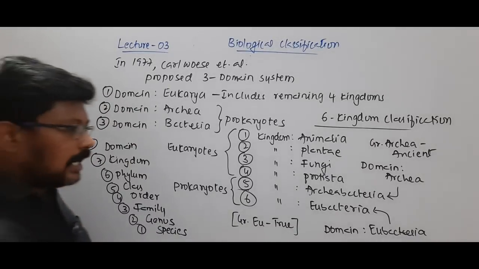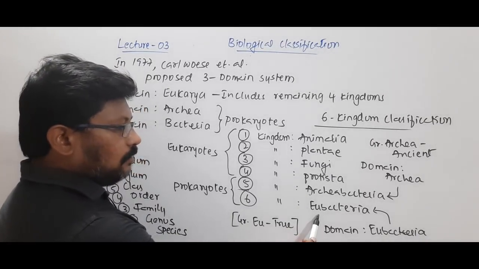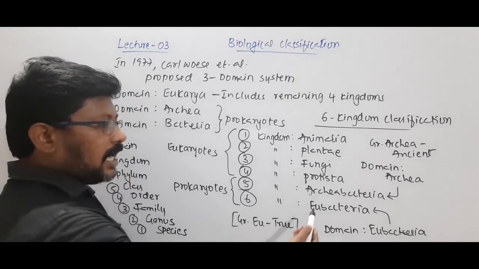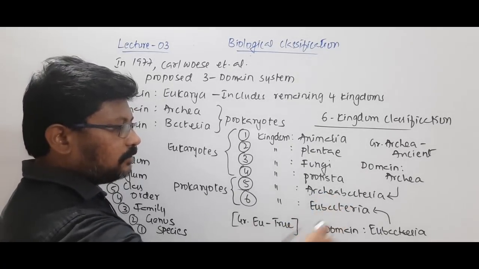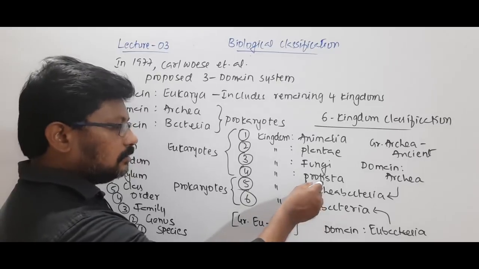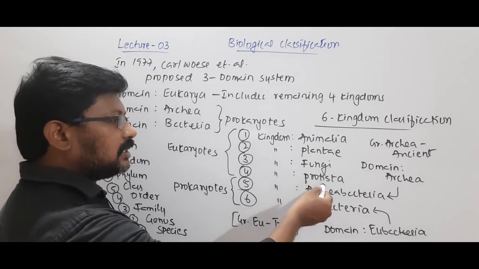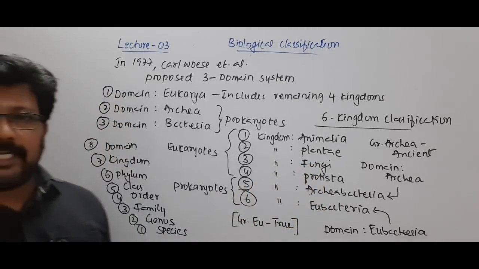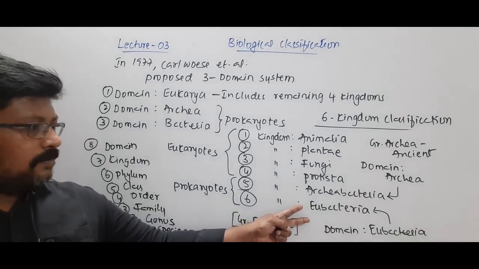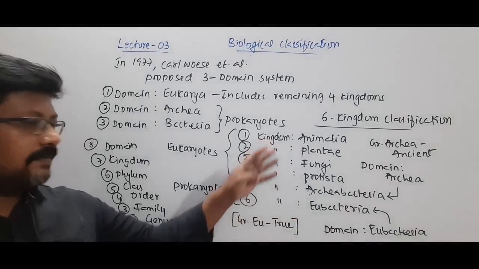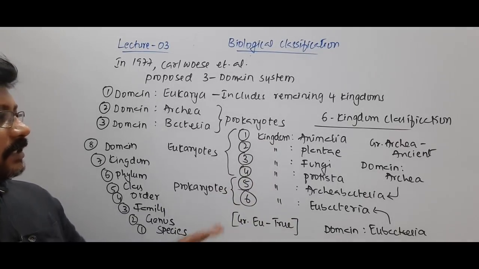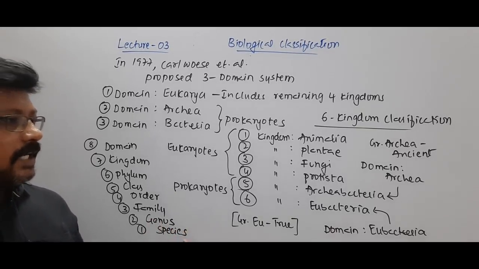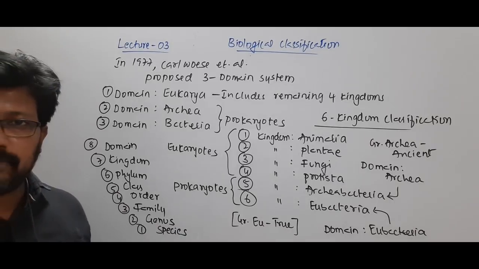The first organisms to be present on the earth were eubacteria, and in the course of time they diversified to form archaebacteria, then the protista, and then the protista diversified to form the fungi, plantae and animalia. So these eubacteria got diversified and have given rise to different groups. So this is the six kingdom classification.